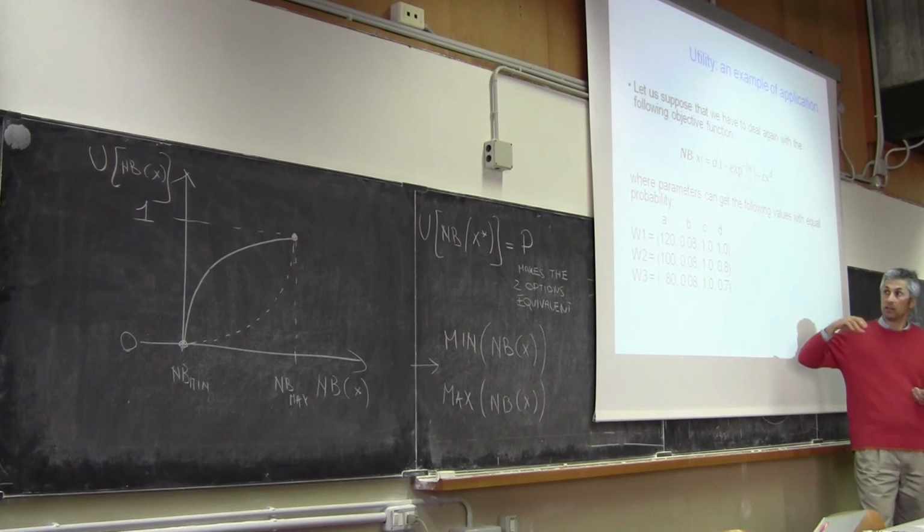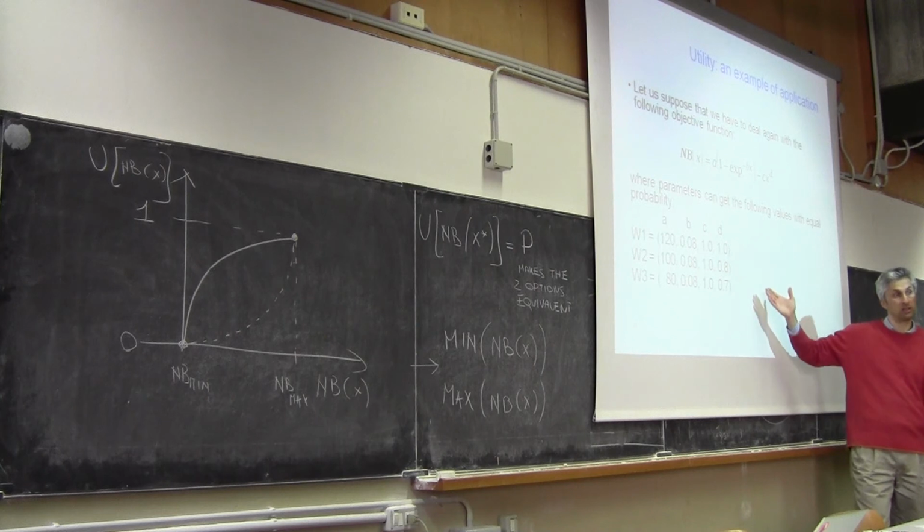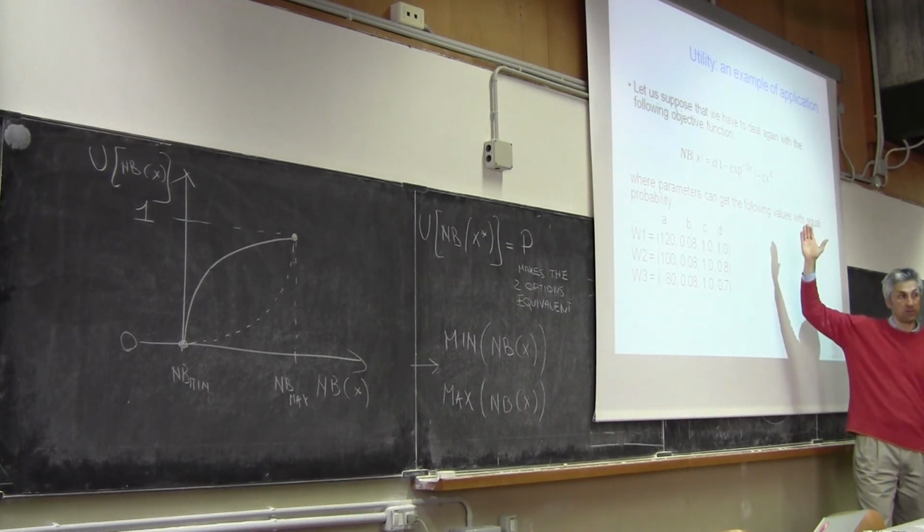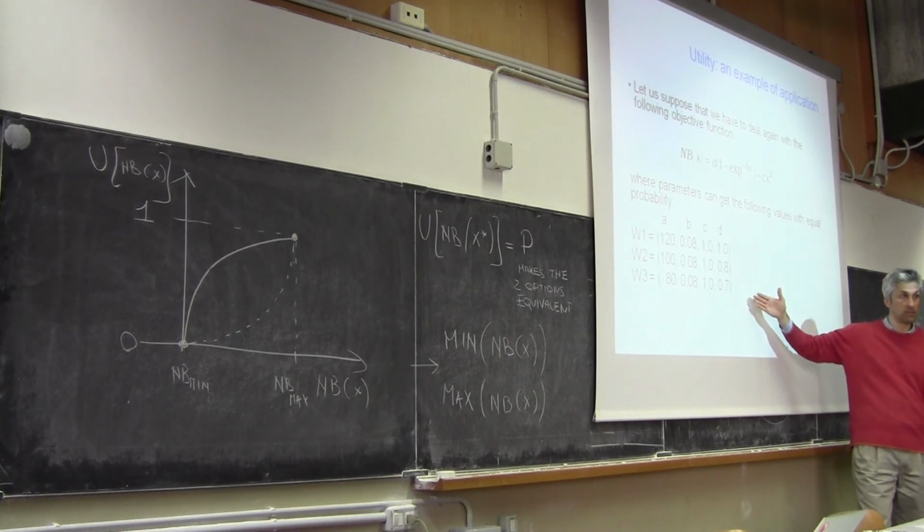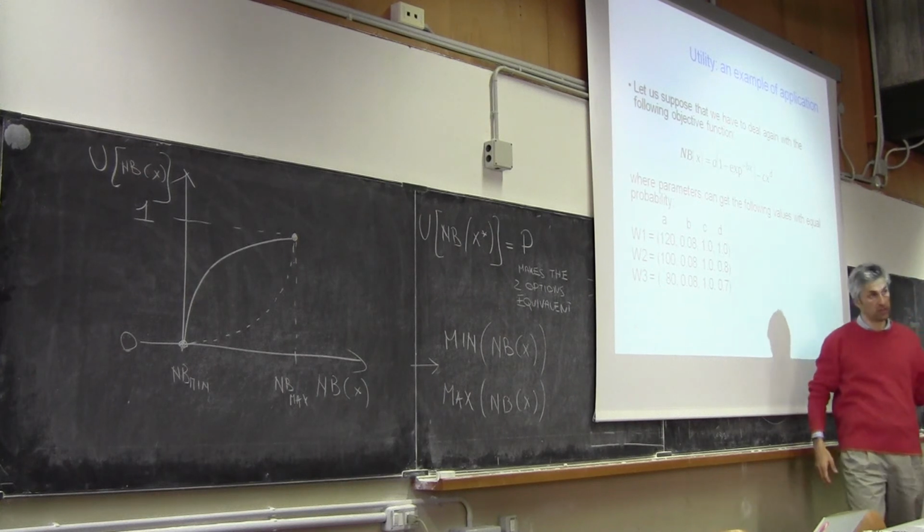But given that we have three possibilities for the parameter values, this means that we have three candidates for the optimal allocation. So when we want to identify the interesting decisions for us, for sure, we will have to consider the three allocations that give the maximum benefit according to each outcome for the parameter vector.